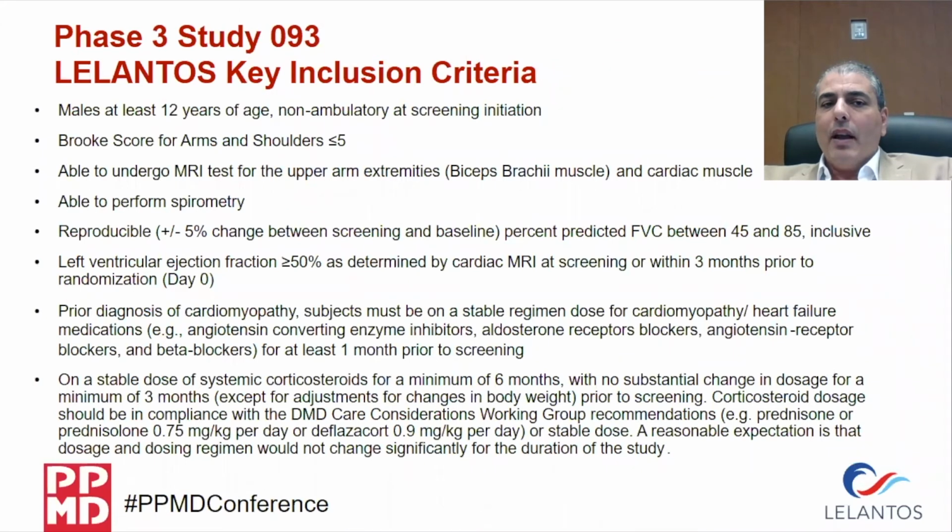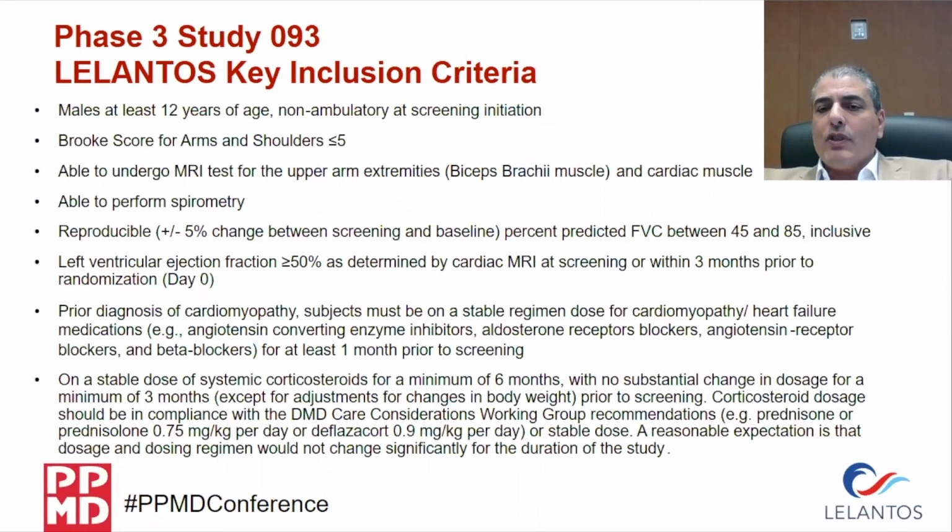Phase 3 study inclusion criteria, as I mentioned: male, Brooke score equal or less than 5, of course able to perform an MRI and also to do a spirometry. We are targeting FVC between 45 to 85 inclusive, ejection fraction 50% and above.